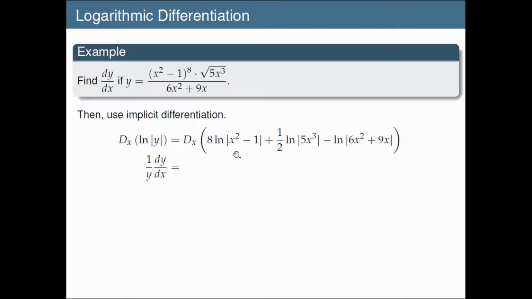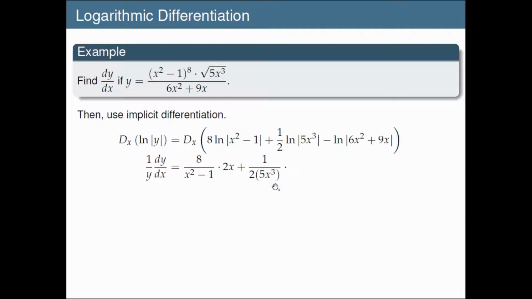Ano muna yung derivative nitong part na to? We have 8 over x squared minus 1 times derivative of x squared minus 1, that is 2x, plus derivative nito. So we have 1 over 2 times 5x cubed. Yung 5x cubed nasa denominator.